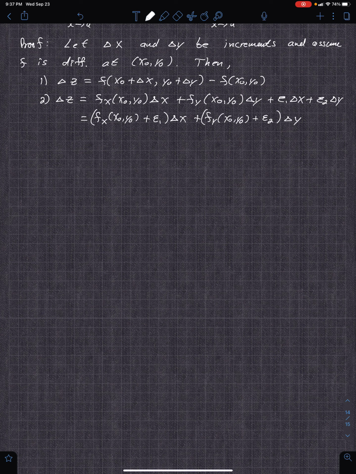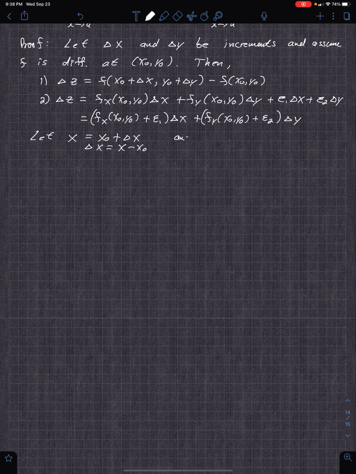And this is the step that can be a little confusing, but we're going to use what delta x is. So we're going to let x equal x naught plus delta x, to clean it up a little bit, so that delta x is x minus x naught.